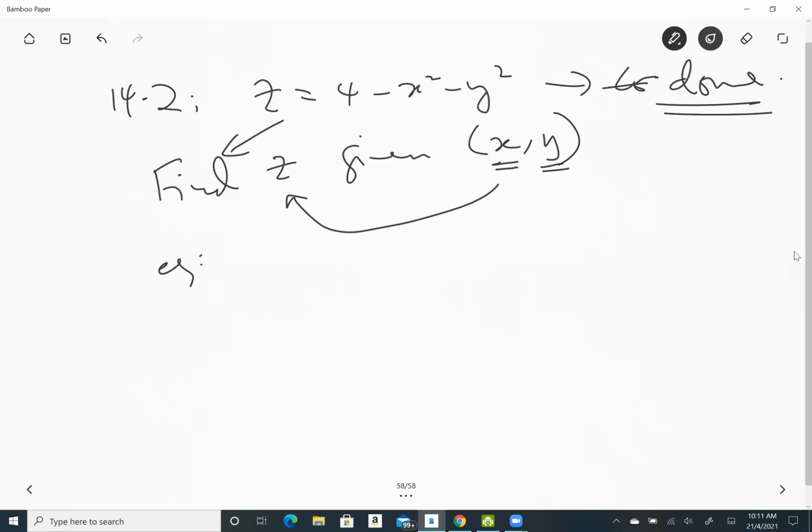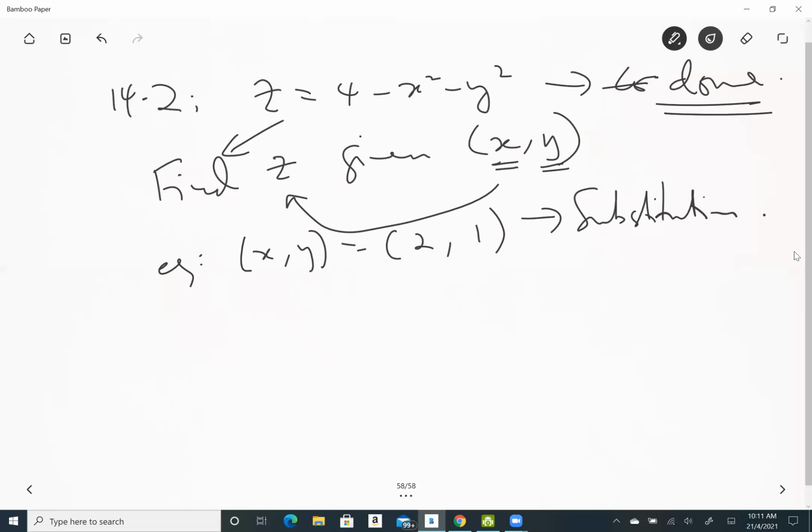Example, let's say x, y equal to 2 and 1. Then how do you get the value of the function? Simply do the substitution. You substitute x and y into the function, then you get the value of z.